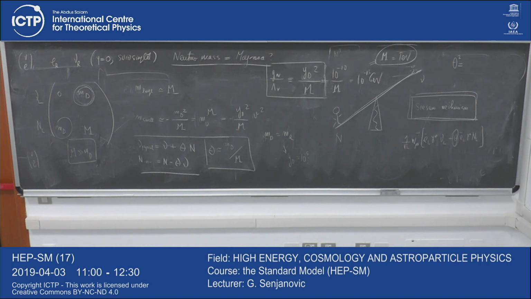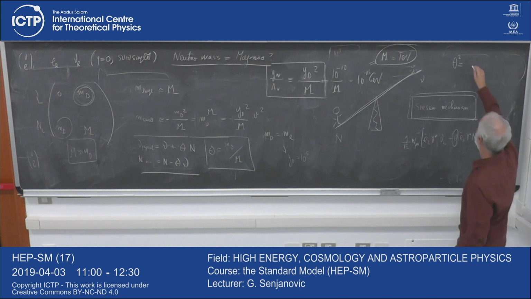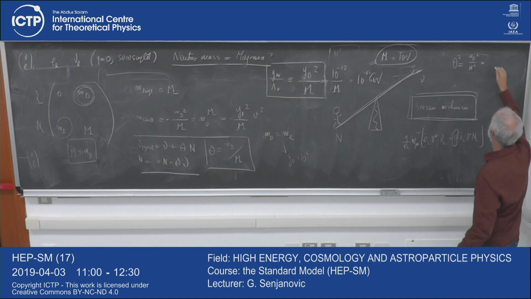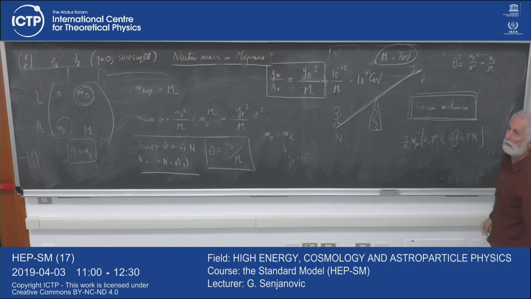What is theta squared? It's m Dirac squared over M squared. What is this? It's m nu over M. So if this guy is a TeV, which I would like to see, what is this? 1 electron volt, this is 10 to the 3, this is 10 to the minus 12.